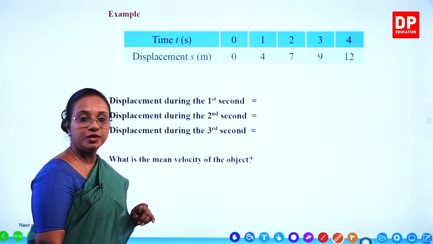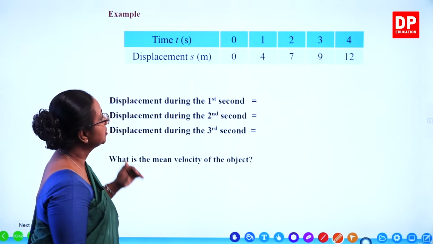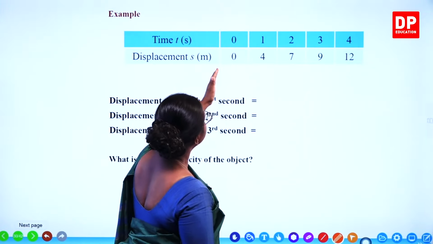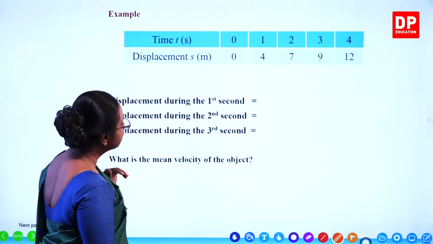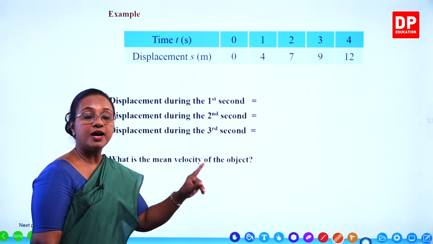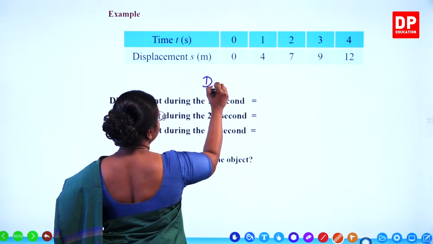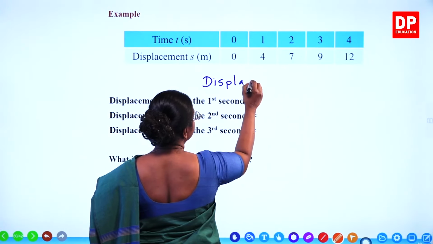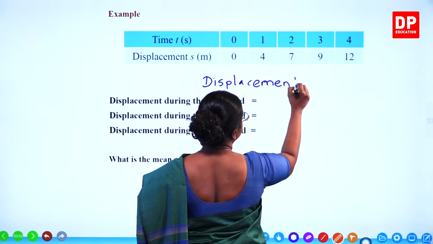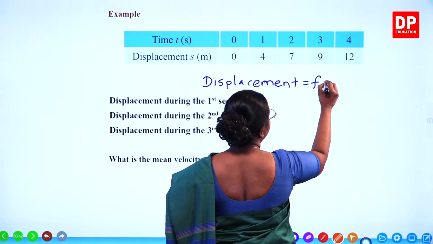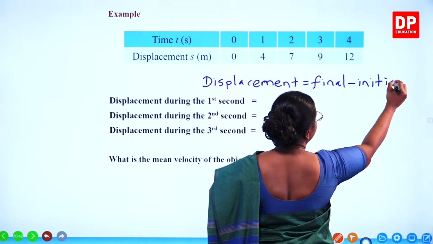Again, they have given you a data table where you have time and displacement. So here you can see the displacement values are changing. So if we calculate the displacement, it is the final minus initial. For displacement, we calculate final minus initial value.